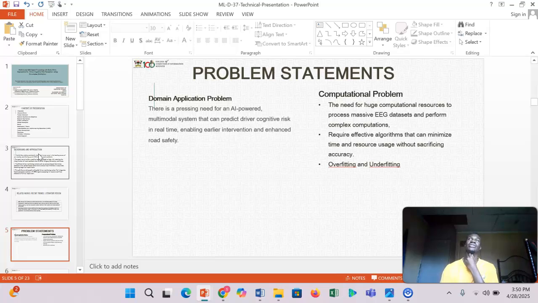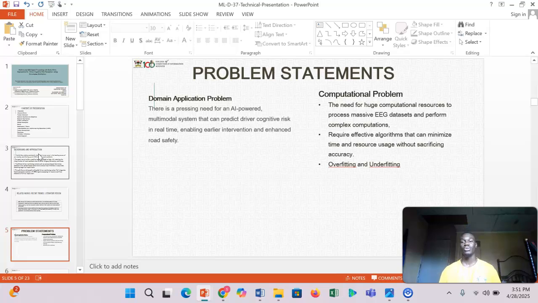So here, as I told you, first we want a multimodal system to predict real-time cognitive risk, such that it sends alerts to the driver, predicting the state and warning him or her that you are either drowsy or you are looking away from the car steering, such that it warns him in advance and a road accident is prevented.